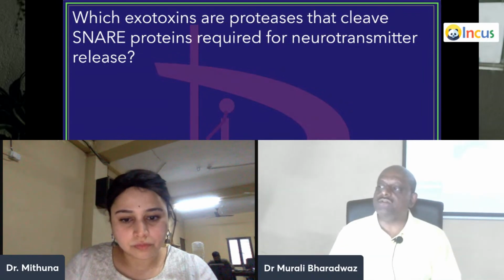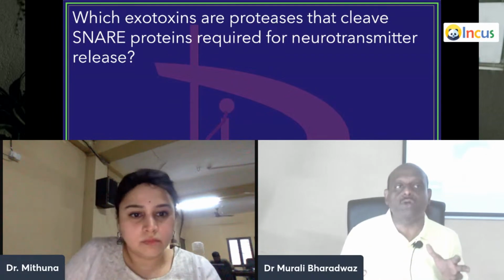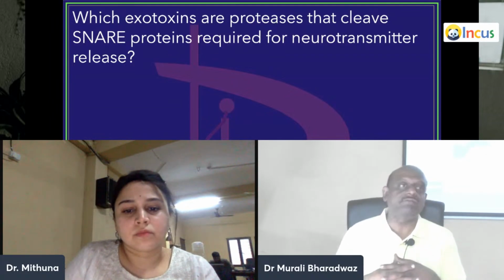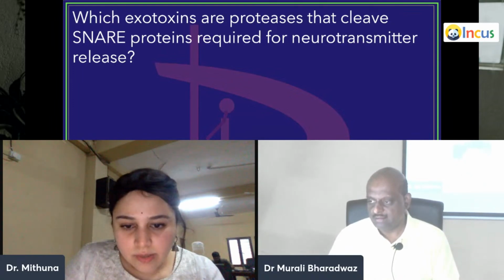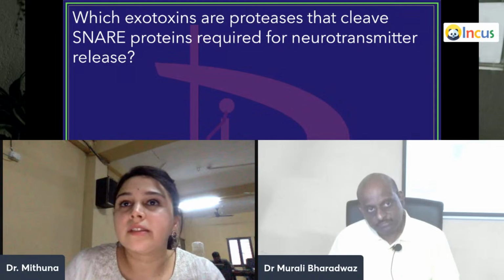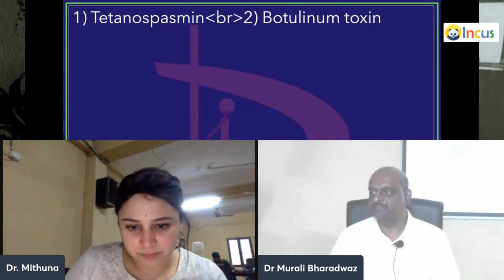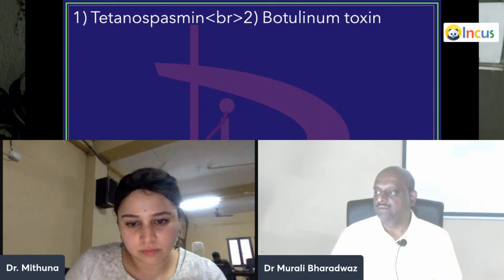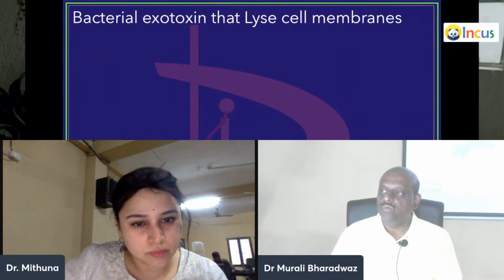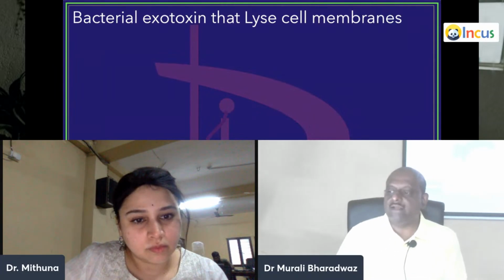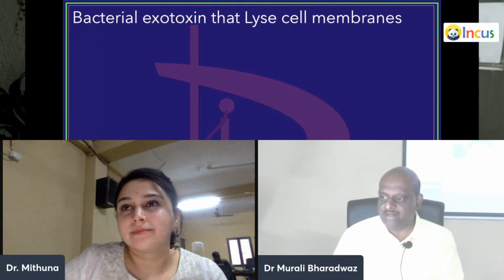Which exotoxins are proteases that cleave the SNARE proteins which are required for the neurotransmitter release? It is the Clostridium species again, sir. Tetanus and botulinum. Which bacterial exotoxin lyses cell membrane? Once more, the same question repeated.